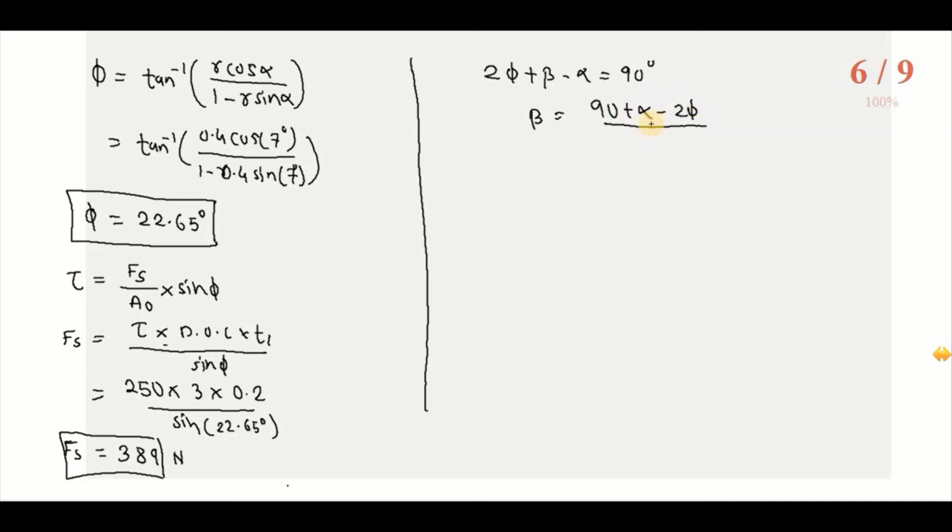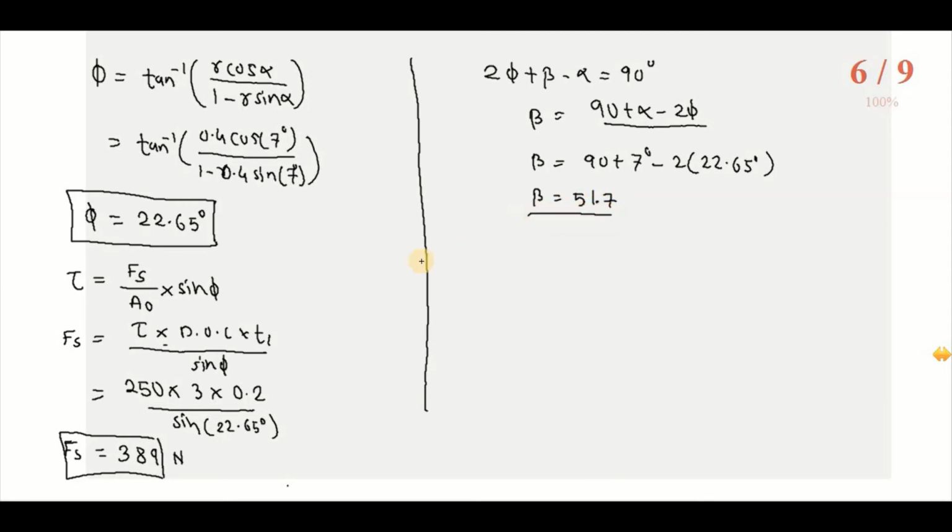Putting the values, 90 plus 7 degree minus 2 into 22.65, the beta value we are getting is 51.7.